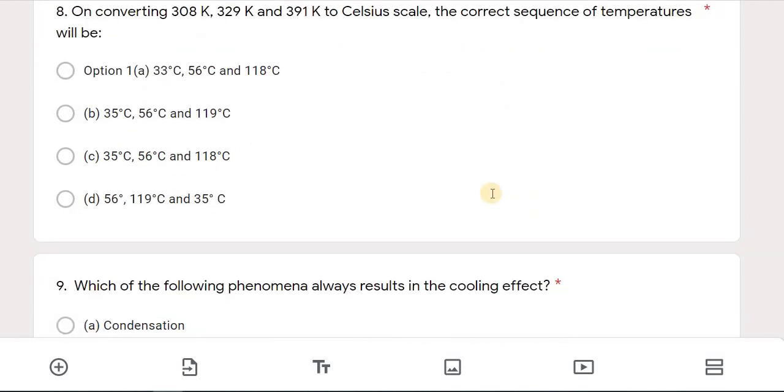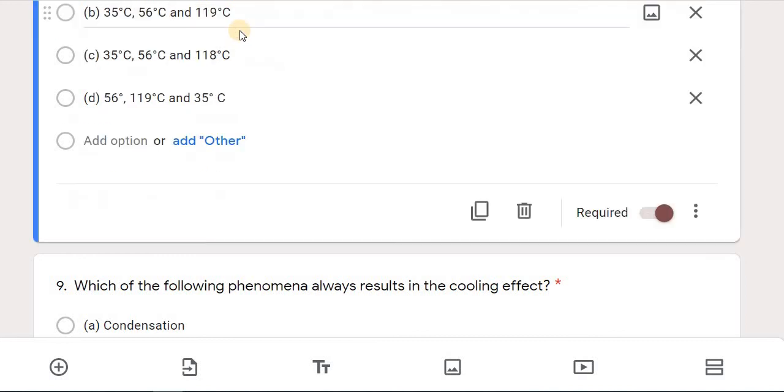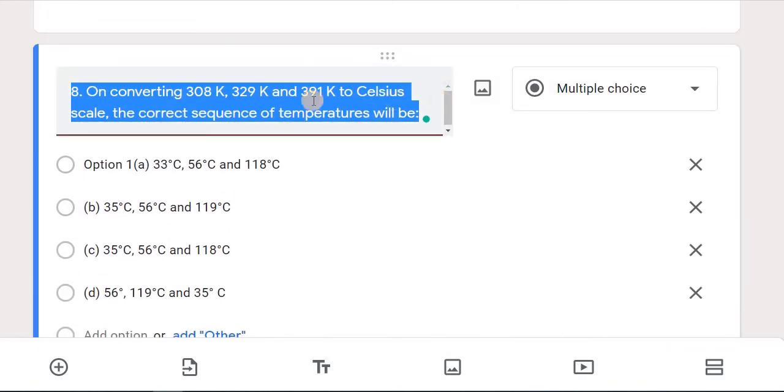Let's move further. Question number 8. On converting 308 Kelvin, 329 Kelvin and 391 Kelvin to Celsius scale, the correct sequence of the temperature will be: the first one, that is 33 Celsius.